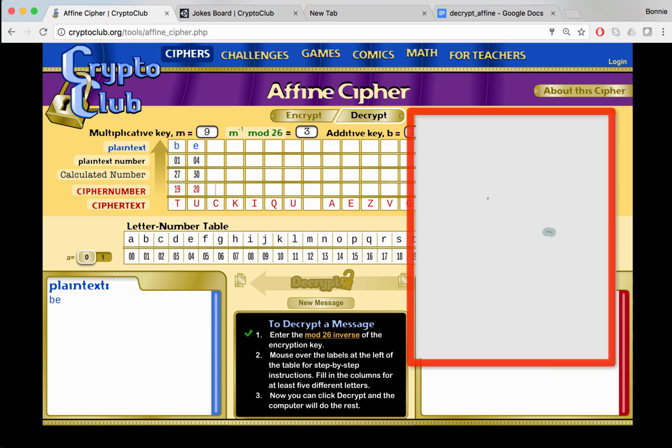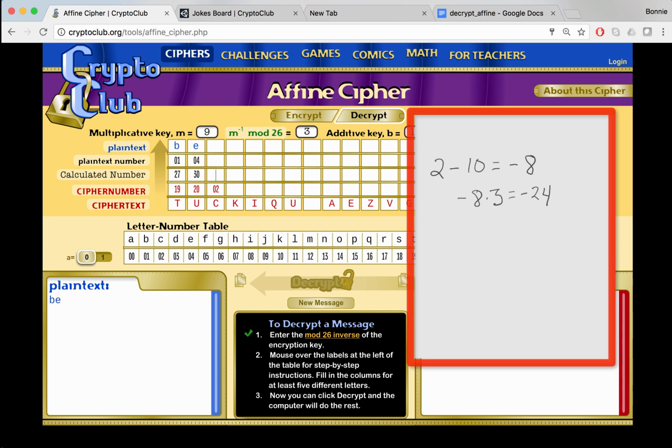The next letter is C, which has the number 2. Now this time when I subtract 10, I'm going to get a negative number. 2 minus 10 is negative 8. We can still multiply a negative number by 3. Negative 8 times 3 is equal to negative 24.